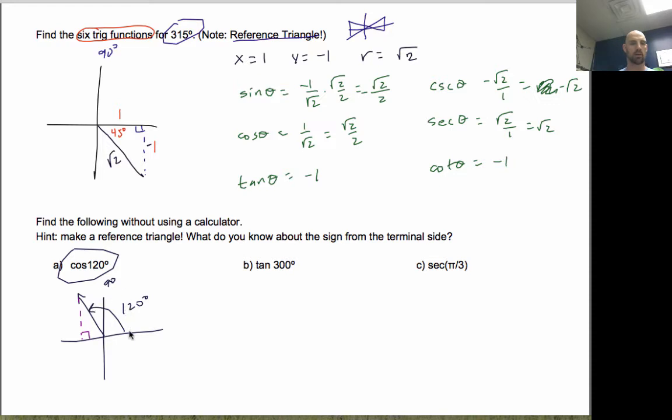What's my angle here? Well, if this is 90, then this is 30, then that must mean that this is 60 here. So now I have a 30, 60, 90 degree right triangle.